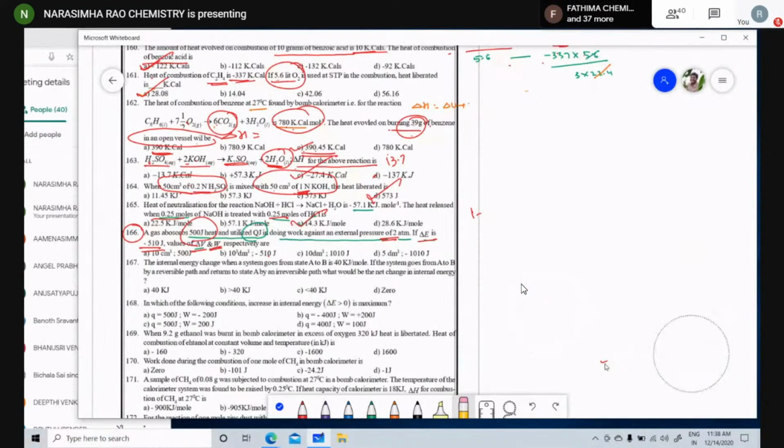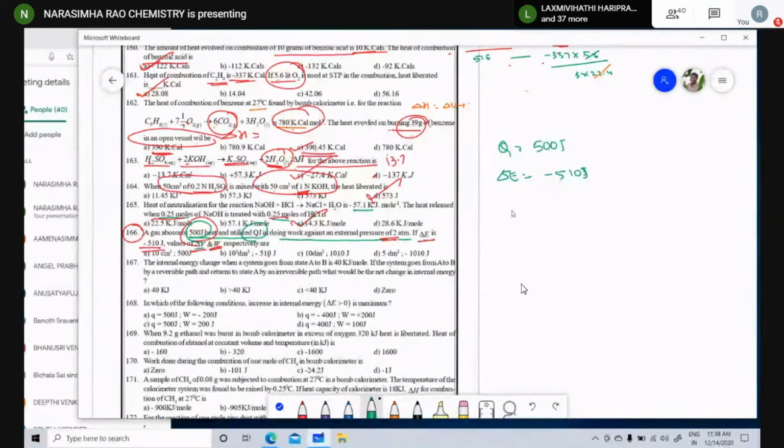Yes, sir. Now gas absorbs 500 joules means Q is equal to plus 500 joules. Now change in internal energy delta E is equal to minus 510 joules. Clear? So W first we have to find out.